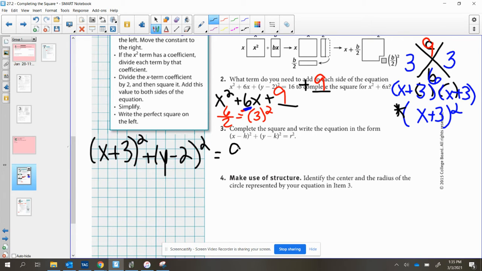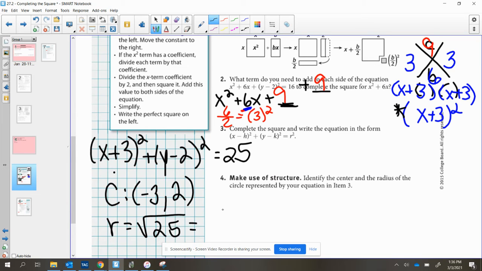And on the right-hand side, we had 16. And now we also added to that the 9 that we had added to the left-hand side to help us get this. So that is a total of 25, which now puts our equation into standard form, right? Because this equaling 25 would be our equation. And we can also now identify the center is at -3, 2, and the radius is the square root of 25, which is 5.